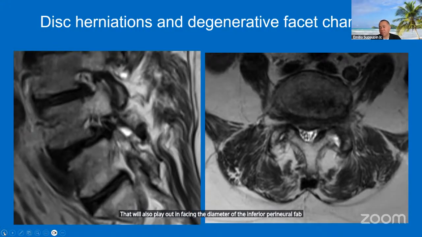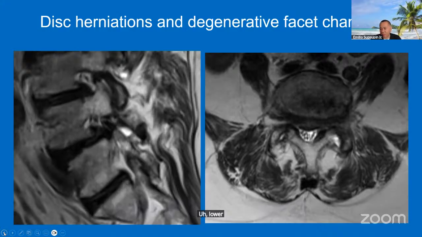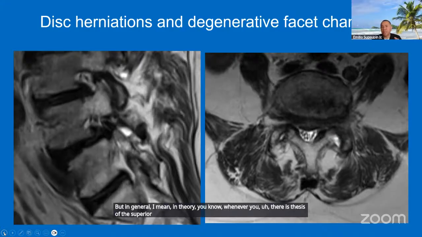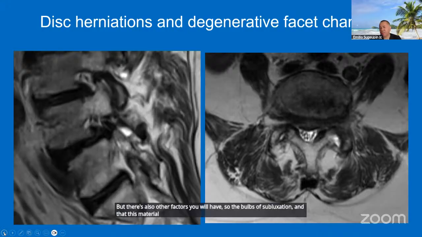And if you have decreased disc height, then that will also lower the vertical height of the foramen. So I have to see case by case. But in theory, whenever there is listhesis of the superior vertebra, it should widen the AP diameter. But there are also other factors. You will have a pseudobulge of subluxation, and this material will efface the inferior and also migrate superiorly. So that will play a role in the shape of the neural foramen.